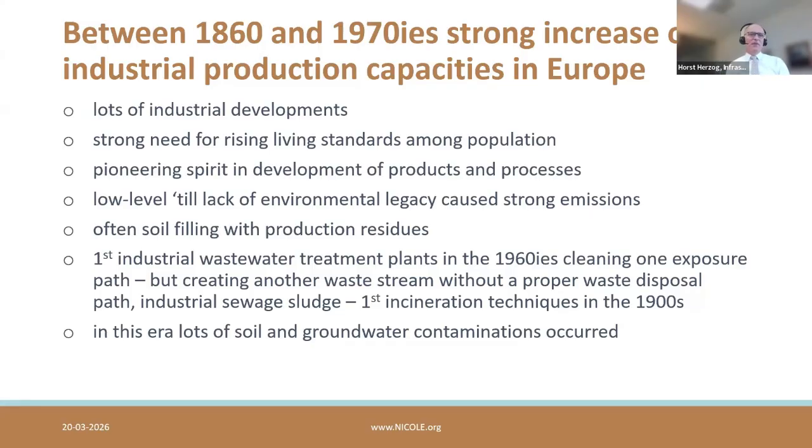1870s, especially in Germany, England and France, there started lots of industrial developments. People were normally poor. There was a strong need for rising living standards among much of the population, and there was a strong pioneering spirit in developing products and processes.